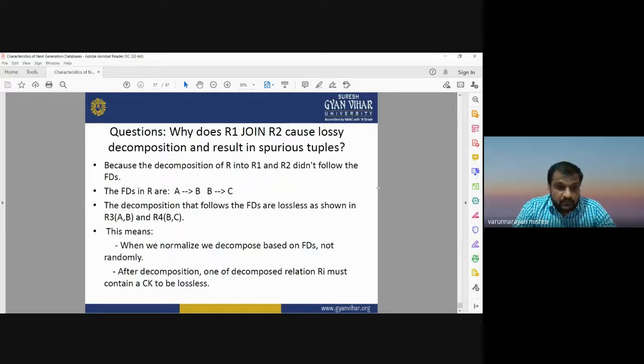It means that when we normalize, we decompose based on functional dependencies and not randomly. And after the decomposition, one of the decomposed relations Ri must contain a CK to be lossless.